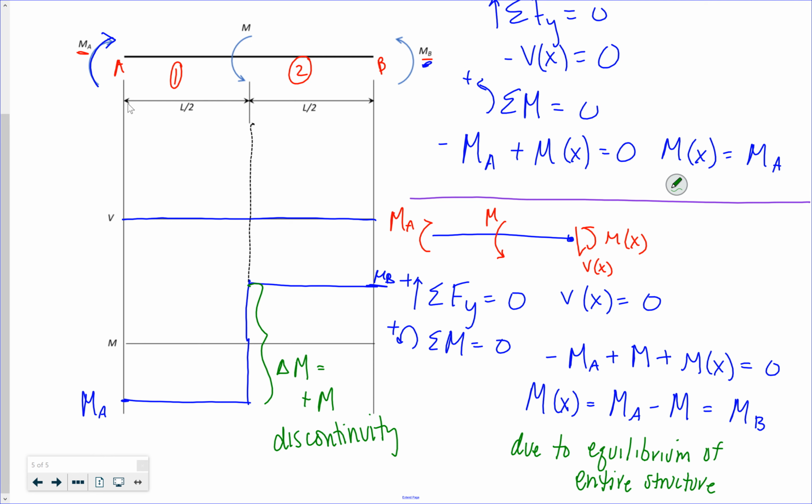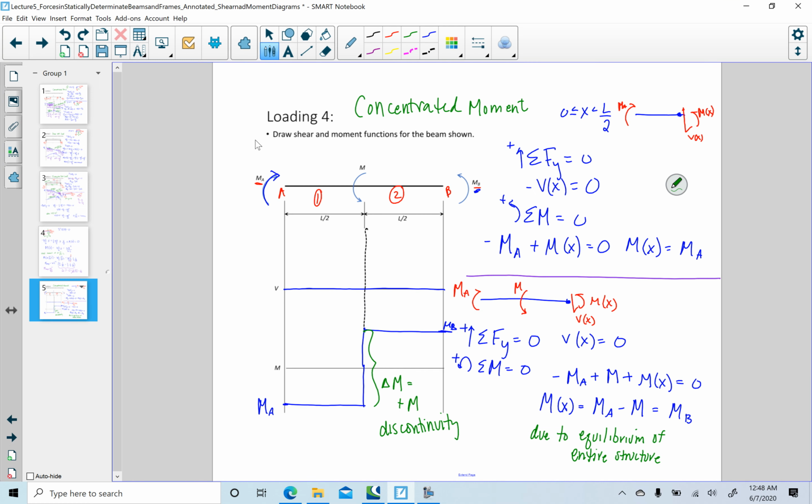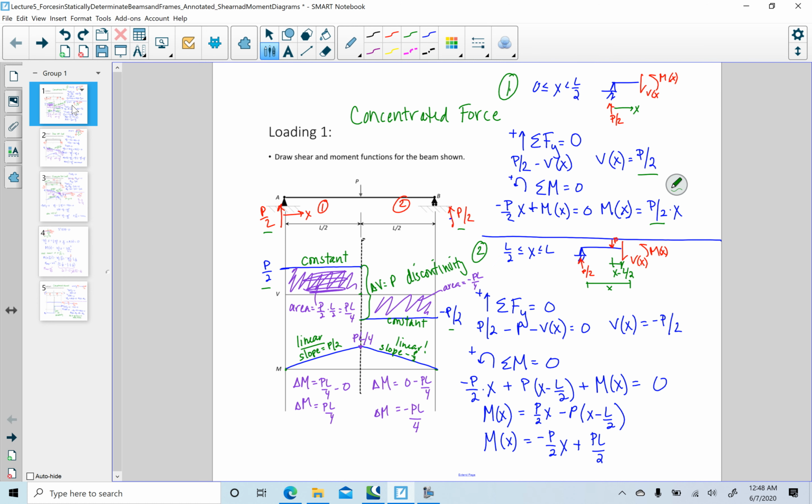Okay, so if you want to summarize what we all just talked about, if I have a concentrated force, it's a discontinuity, and it's going to be a big jump in your shear. It's not going to cause a discontinuity in your moment, but it's going to cause a discontinuity in your shear.